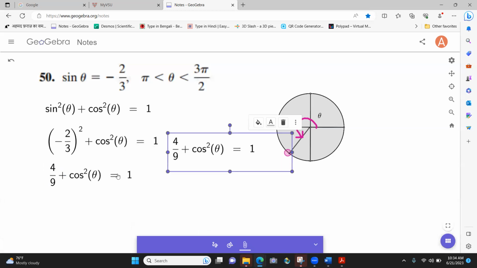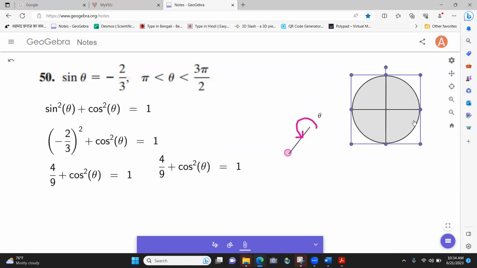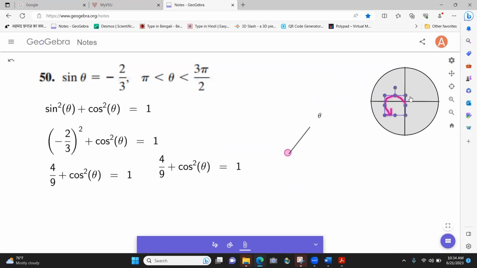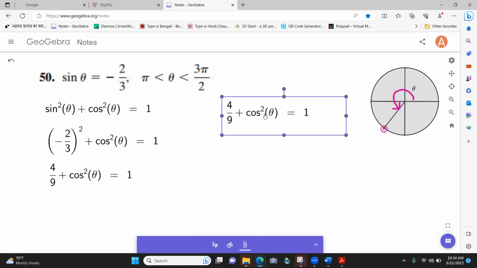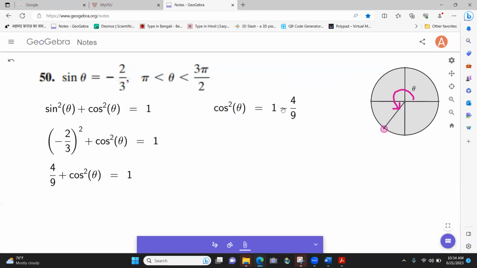Now you're going to subtract 4 nines from both sides as follows. Let me put this guy here. I need the room. Okay, and then I'll do the thing. I'm going to subtract 4 nines from both sides. Let me see if Desmos allows me to subtract. Now, I know this is going to be 5 nines, okay? Now, I know some students don't like to do fractions in their heads, but it's going to be 5 nines.